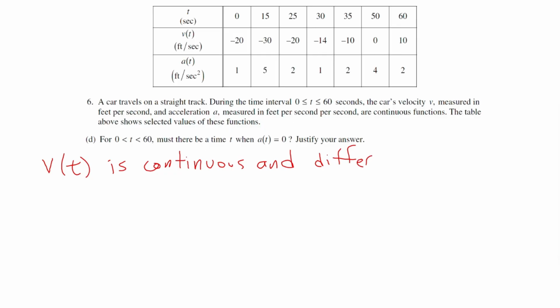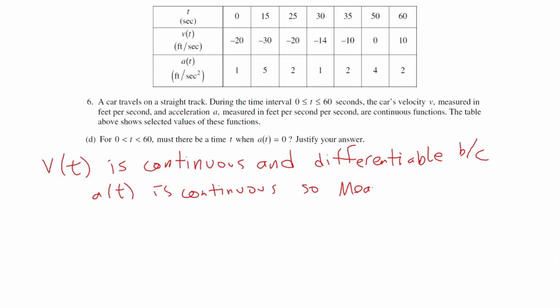And we know that it's differentiable because a of t is continuous, right? Therefore, we must have had a differentiable function there. So if a of t is continuous, that means that we can use the mean value theorem. So the mean value theorem applies.